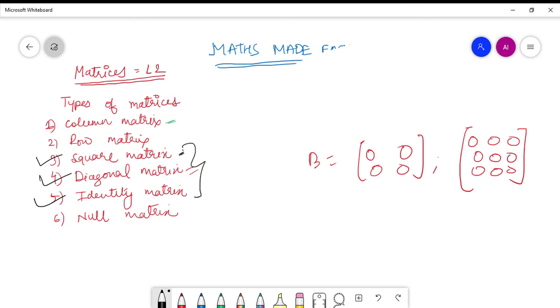You need to know these to have a better understanding of the advanced topics of matrices, and need to know how to calculate order of a matrix. This lecture is already going more than the usual time, so I can stop here. Next lecture I'll start with operation on matrices.